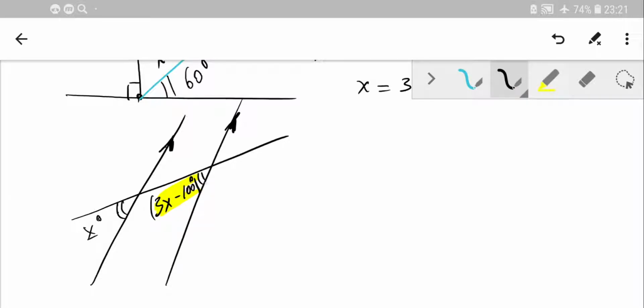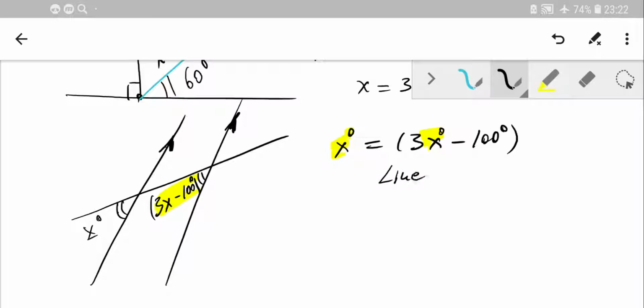Actually, because those angles should be equal according to the properties, we can write an equation. So x in degrees equals 3x minus 100 because they're equal, right? So we consider them equal corresponding angles, if you remember the property. Okay, so in order to find x, we just simply need to solve this linear equation.